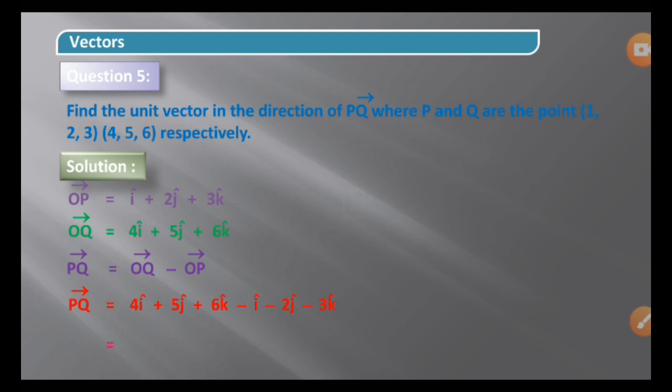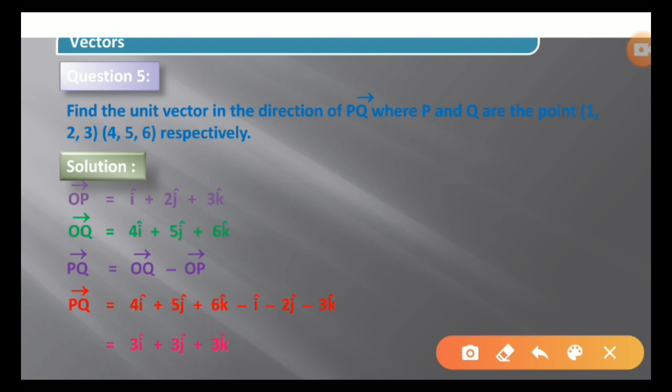After the simplification, we will get 3i plus 3j plus 3k, because 4 minus 1 is 3, and 5j minus 2j means it is plus 3j, and 6k minus 3k becomes plus 3k. So that is the vector PQ.